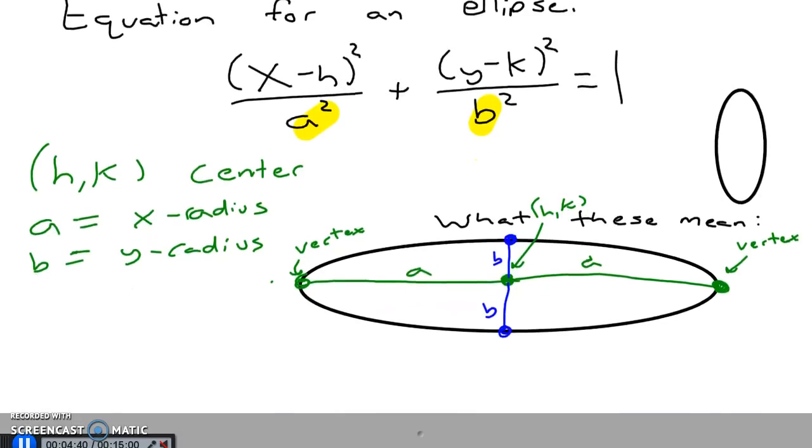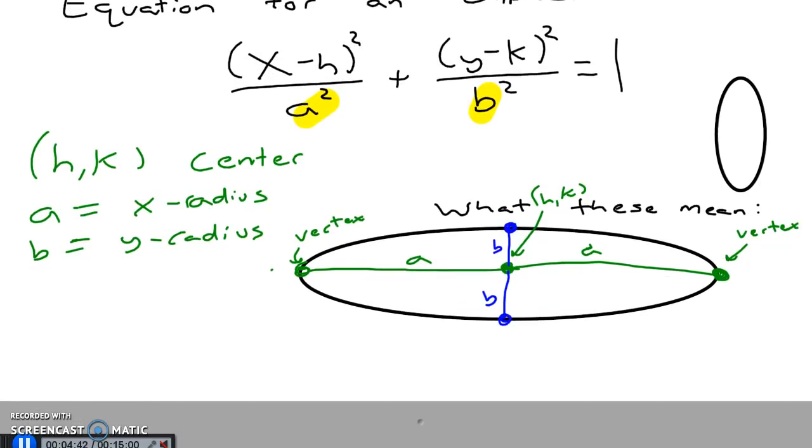Now there's an additional piece that you'll need to know about called the focus. You'll be able to find it by the distance c away from the center. The focus is c away from the center.